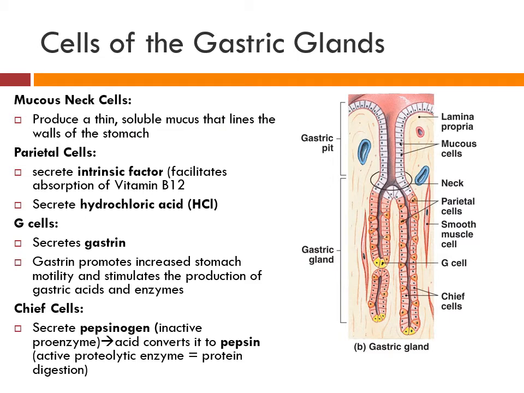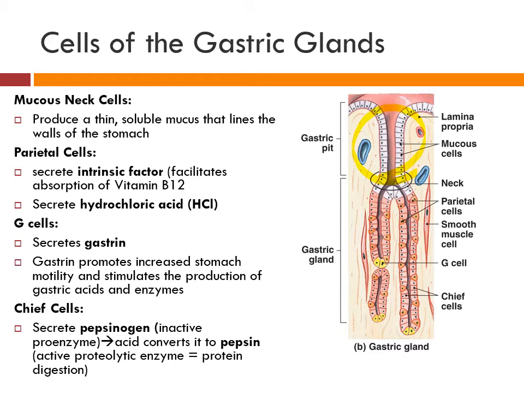This picture is a close-up of a gastric pit. We've got mucosal cells that are up in the neck of the pit here, so those are producing mucus. The mucus lines the walls of the stomach and protects the digestive epithelium from the highly acidic contents. The pH in the stomach is about 1.5 to 2, which is extremely acidic.